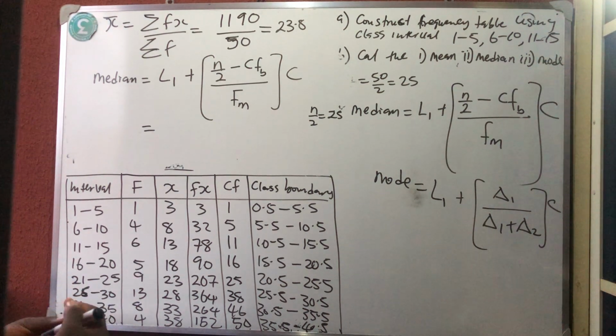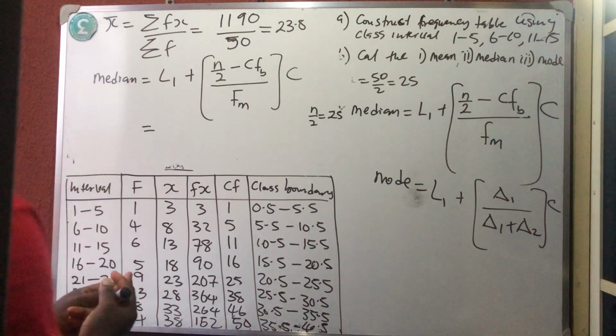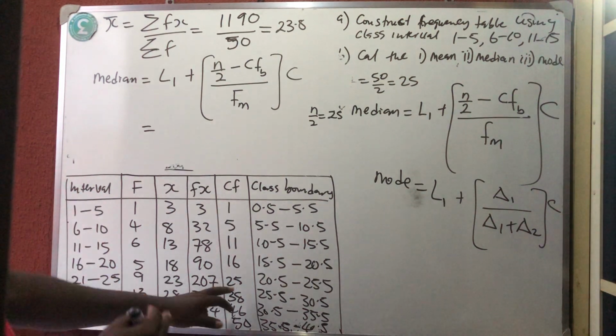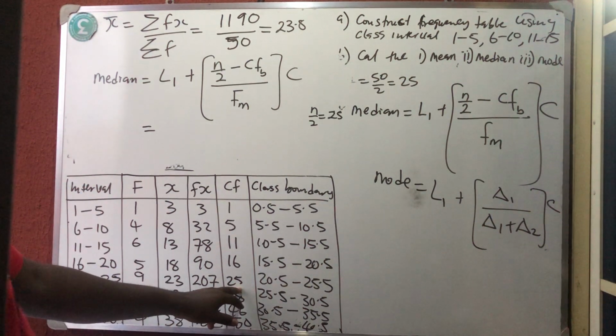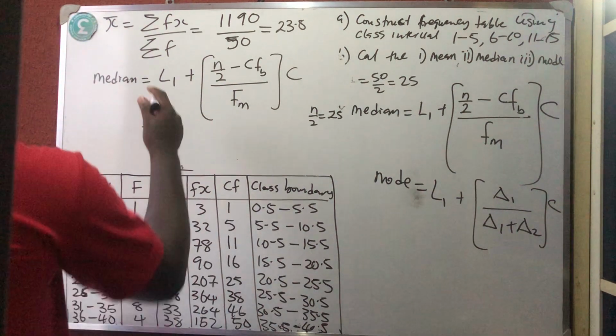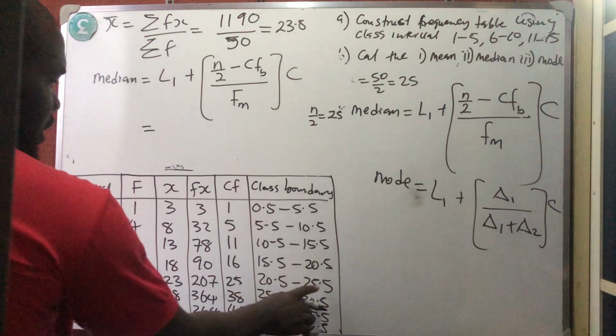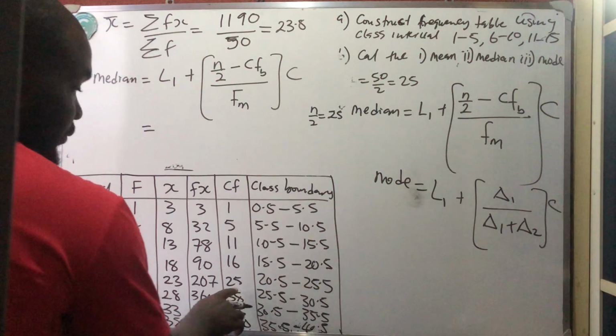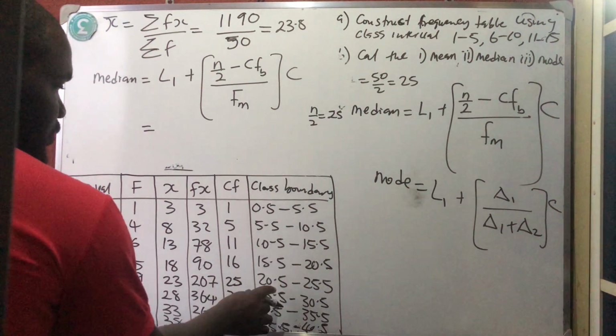So where is that 25? Look at 25 here. The class boundary of 25 is 20.5. So the lower class boundary is 20.5, while the upper class boundary is 25.5.